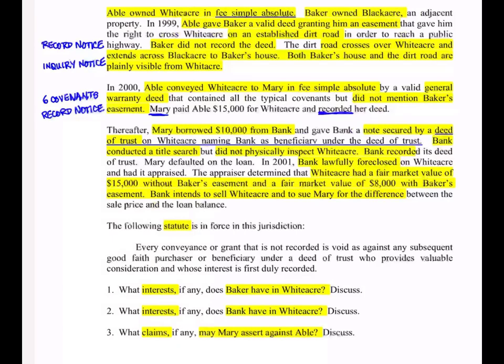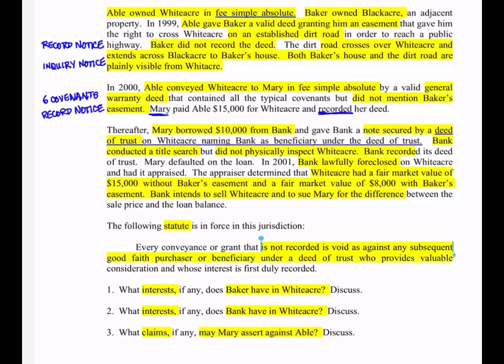The following statute is in force in this jurisdiction. Every conveyance or grant that is not recorded is void as against any subsequent good faith purchaser or beneficiary under a deed of trust who provides valuable consideration and whose interest is first duly recorded. Now, if your mind went blank and you just freeze at all of that and think, uh-oh, I can't do this, that's a recording statute.